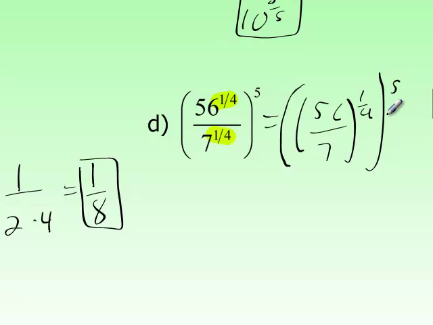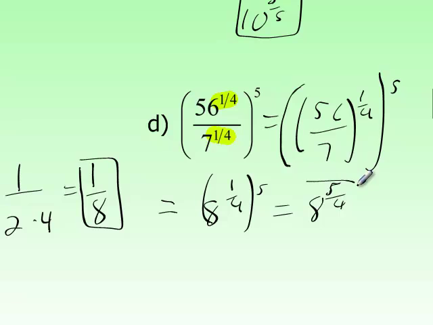So then all I have to do is divide 7 into 56, and then that would give me 8 to the 1/4 to the 5th, and then I would just use the power of a power and multiply the exponents, so 8 to the 5/4 power. That would probably be the most efficient way of doing that one.